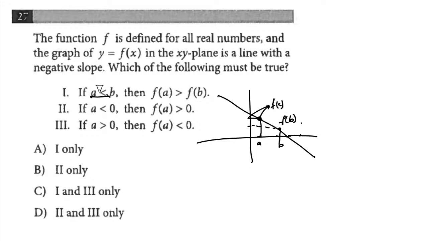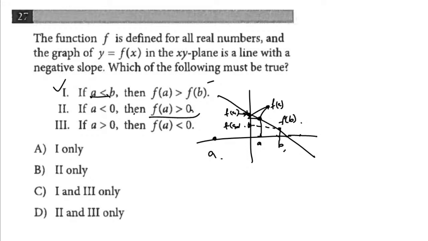If a is less than b, that's true. We've just pointed out that the function value at a is more than the value at b. Yes, this y is this y. So this is our f of a and the function value of b, and this one is bigger. So this one is true. If a is less than 0, then f of a is bigger than 0. So a should be somewhere here.